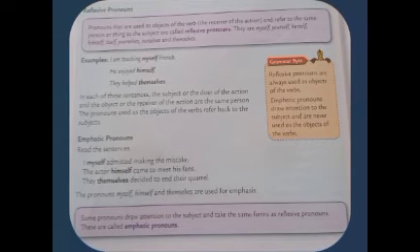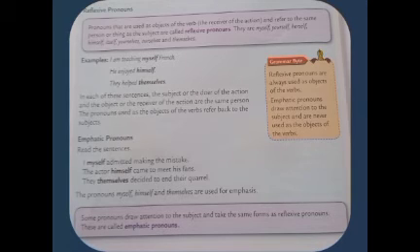Let us see one more sentence. The principal himself came out to address the students. In this sentence, the principal himself, we are emphasizing the subject here. The subject is the principal, so we are focusing more on the subject. So it is an emphatic pronoun. Just after the subject, if you see pronouns like himself, herself, those are emphatic pronouns.